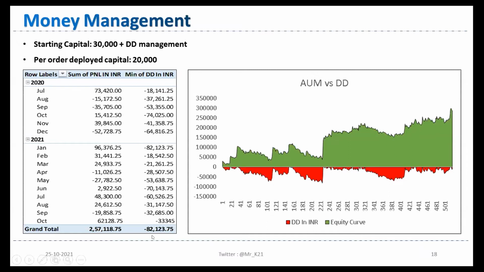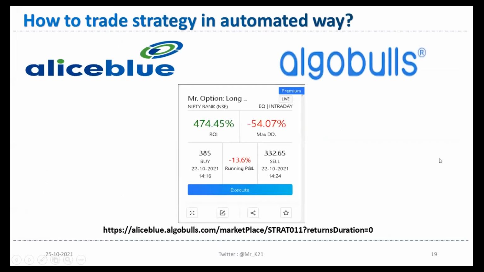As per backtesting, your drawdown is 82,000. So more or less, if you start with 1 lakh, imagining your drawdown will hit from the first day, you require 1 lakh rupees to do this trading, and you can expect to double your money or maybe consistent returns for 1 year. And this is my AUM and drawdown chart.